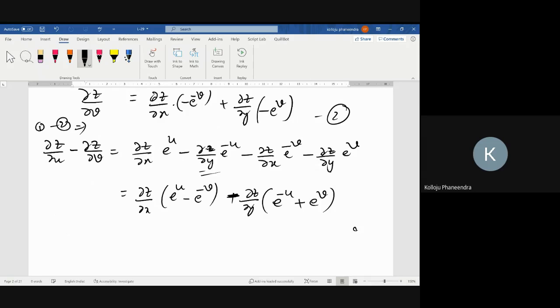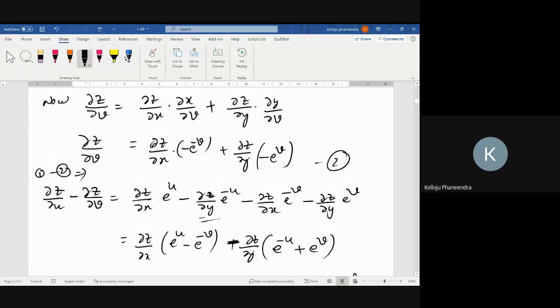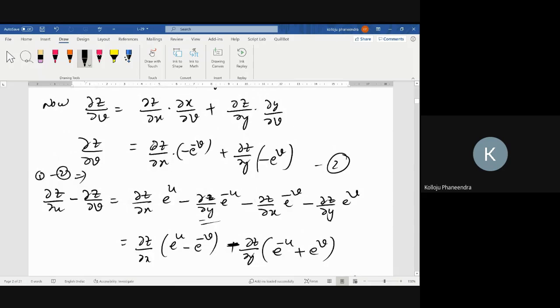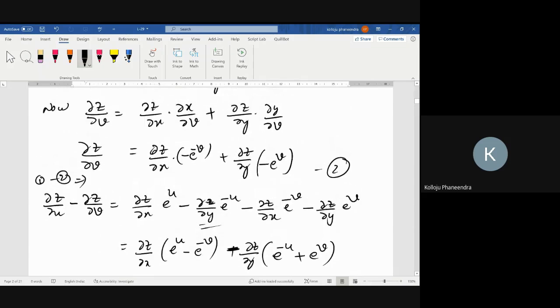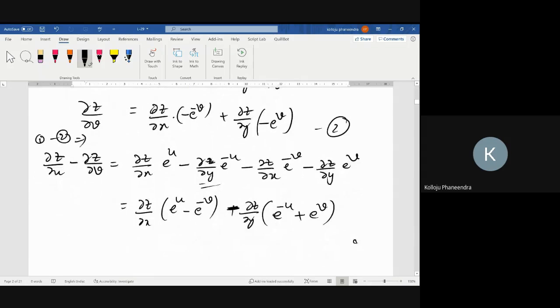Any corrections? Somewhere there is a mistake. ∂y/∂v, yeah, it's correct, right? Both are minus, right? e to the power u. Where is the mistake then?